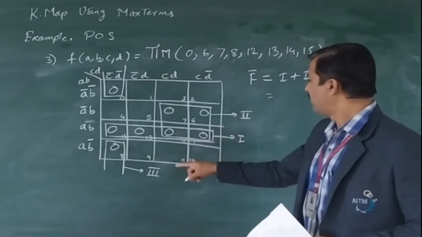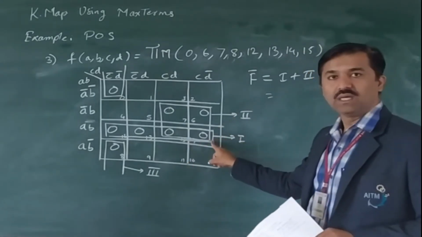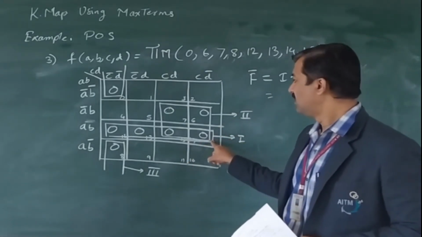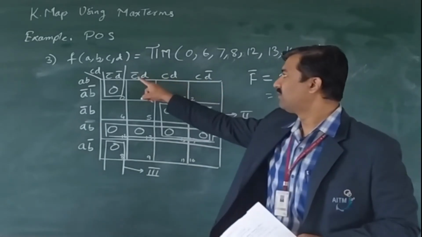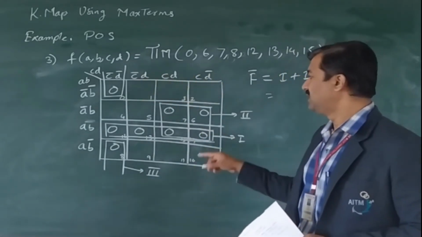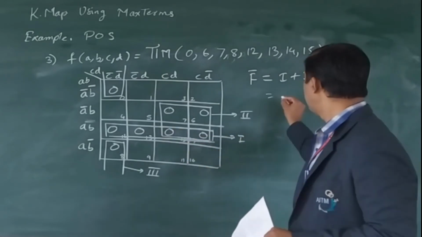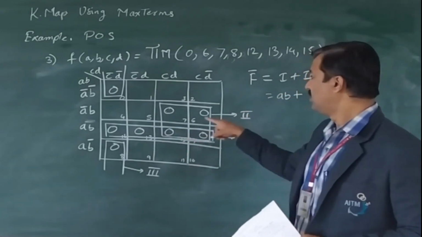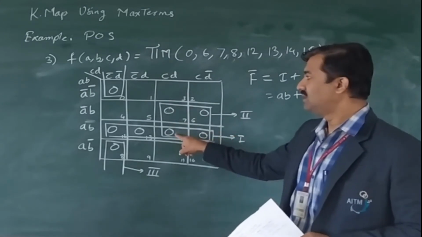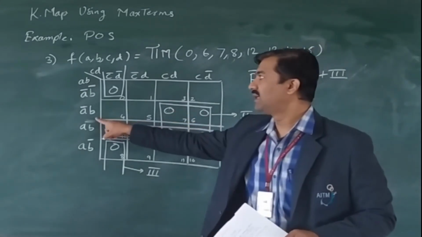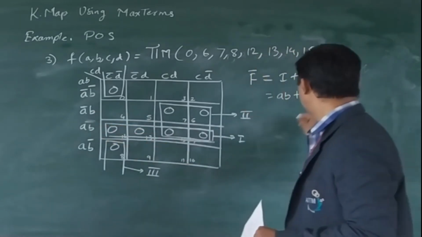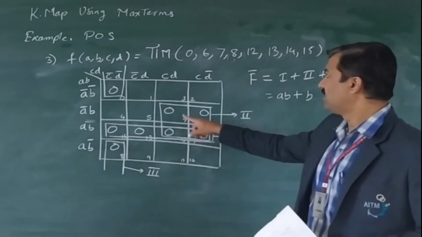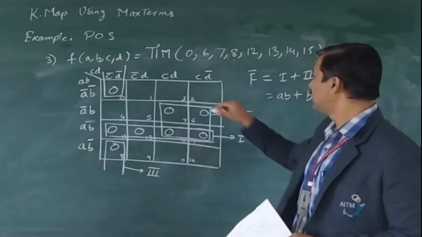So group number 1, what is the expression that is coming out? If you can see on the top end of your K map, all the variables are changing. So the only constant variable is AB. So I keep it AB, plus group number 2. What are the constant terms? The constant term on the left hand side of the K map is B. So I keep it B. And on the top of the K map, what is the constant term?